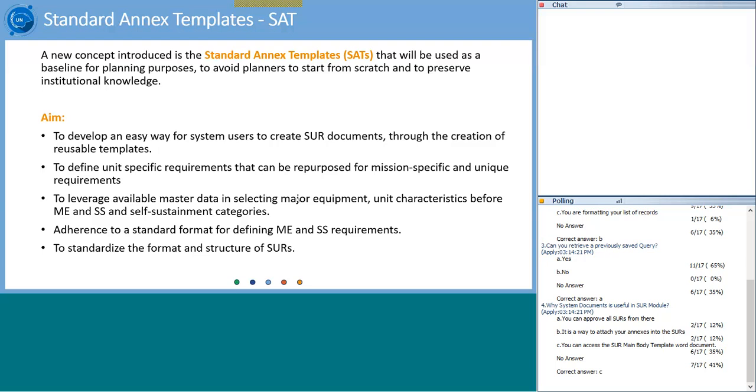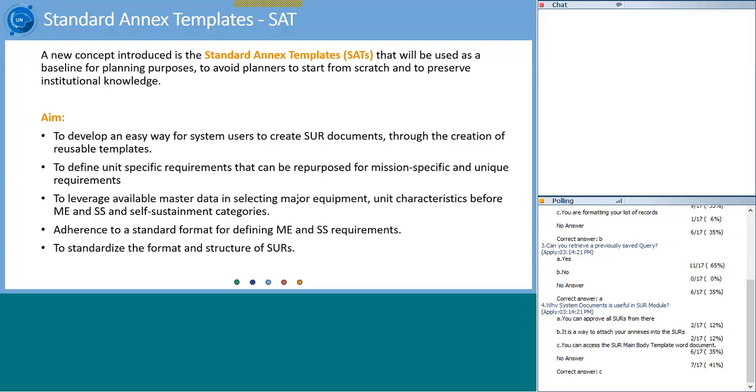We have seen yesterday that the SAT is mission, troop and police agnostic. So there is no mission data linked to any SAT. This will also help define the unit-specific requirements that can be repurposed for mission-specific and unit requirements.